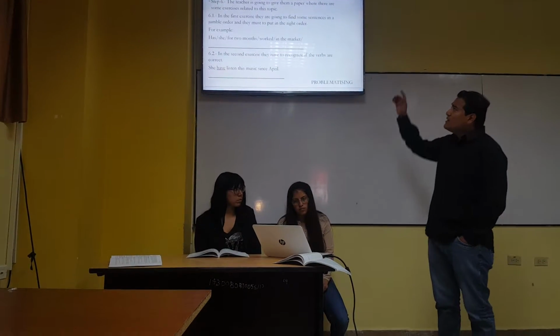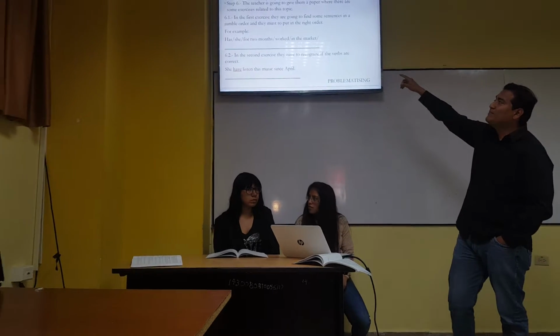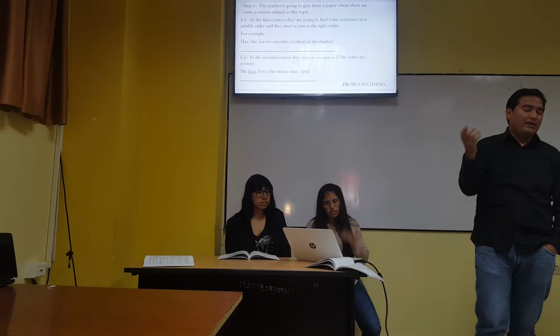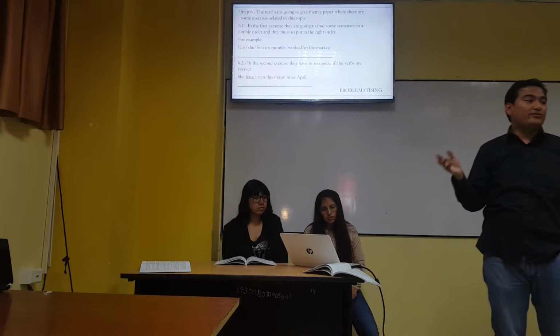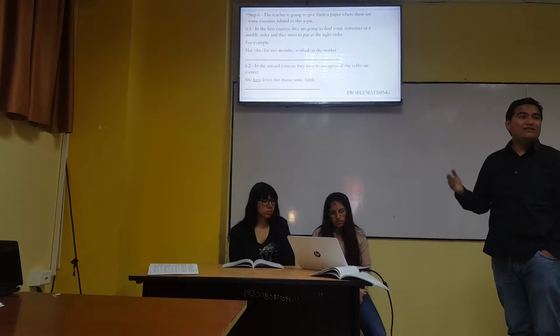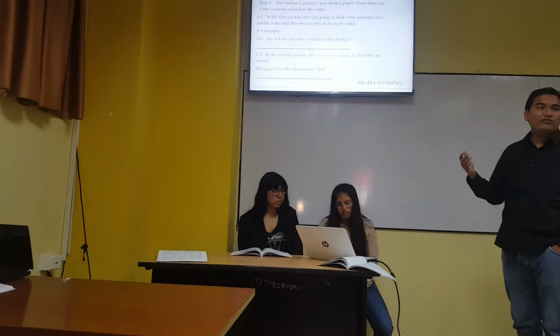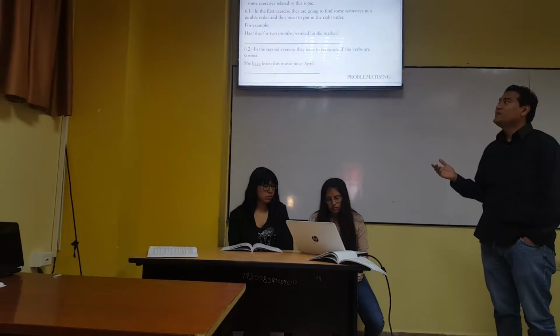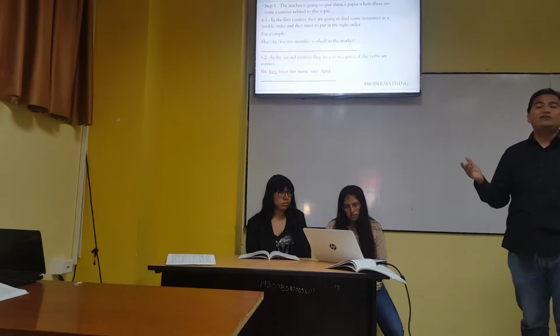So in the first one we have, "has she for 2 months worked in the market?" They are going to unscramble the sentence in order to complete the correct sentence. In this case, they are dealing with a problem because they don't know how to form the correct sentence, and they have to think very well in order to complete it.